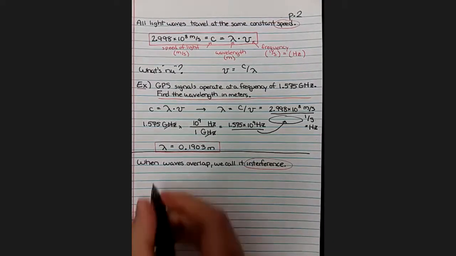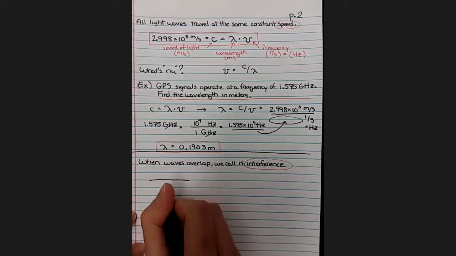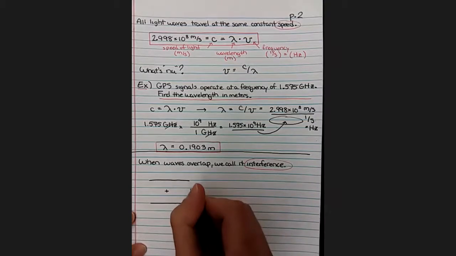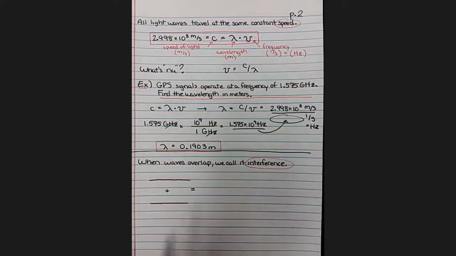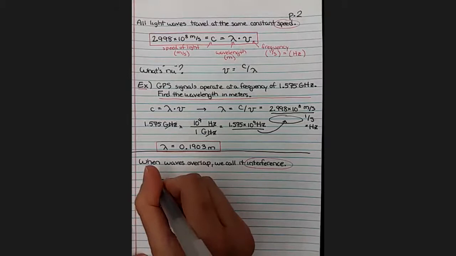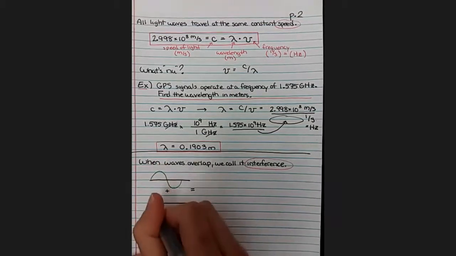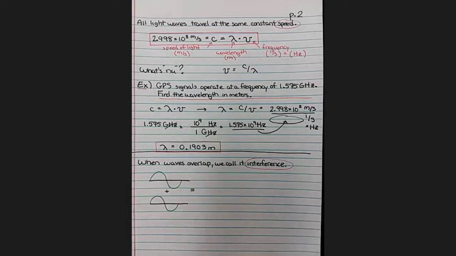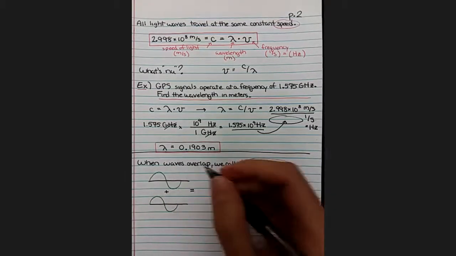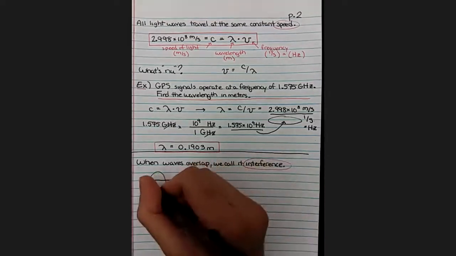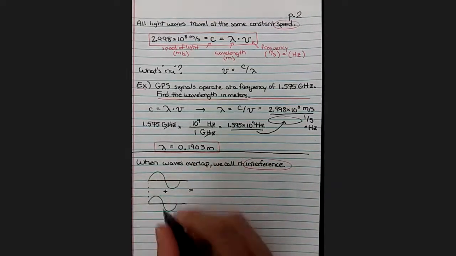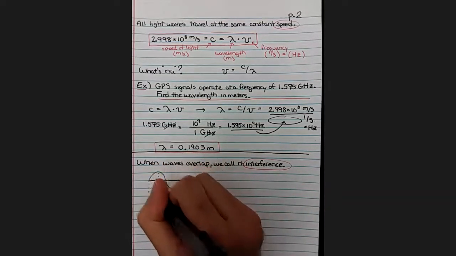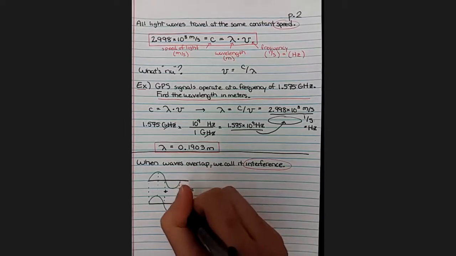So let's do some wave math here. Make sure I leave enough space for my picture. All right, we're going to do green waves first. So here is a wave. We're going to add these two waves together by physically overlapping them. And as you can see, according to my roughly correct drawing, the places where they hit the black line are about in the same spot. The highest point of the wave is about in the same spot.